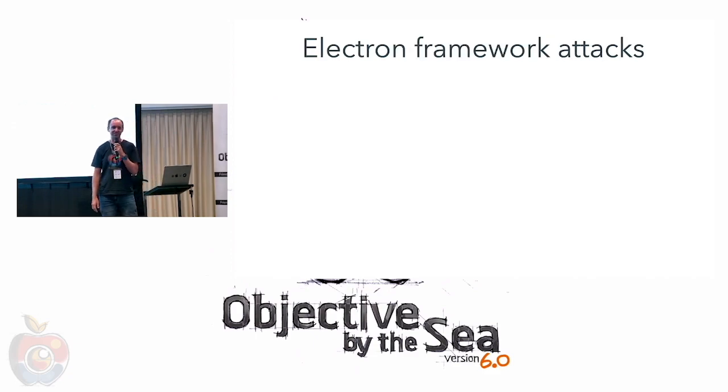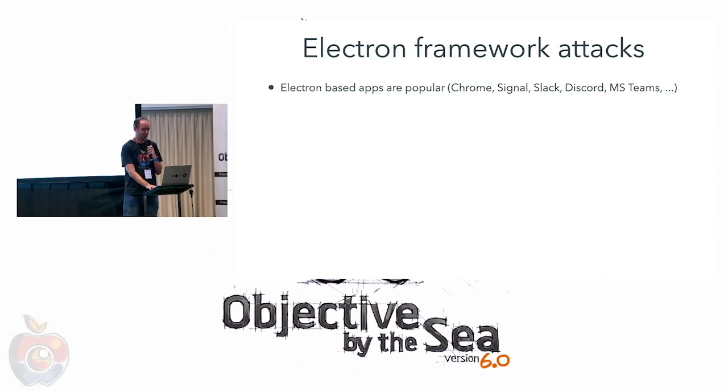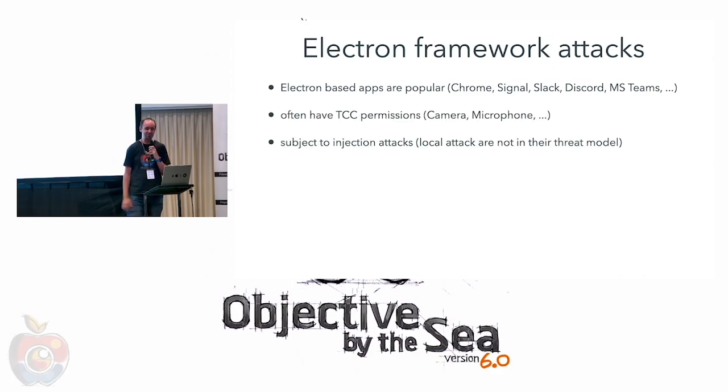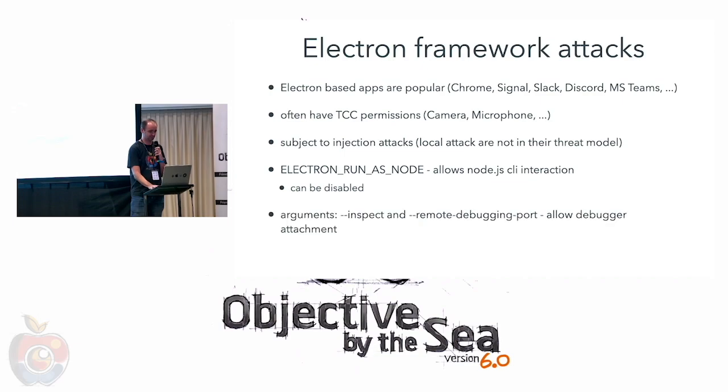Electron frameworks, well, I will speed through this. Wojciech talked about them a lot. They are just horrible as is, full of TCC permissions. You can inject anyhow you want. Yeah, it's just horrible. But all the Electron exploitation goes through either you provide a command line argument or you control the environment variable.